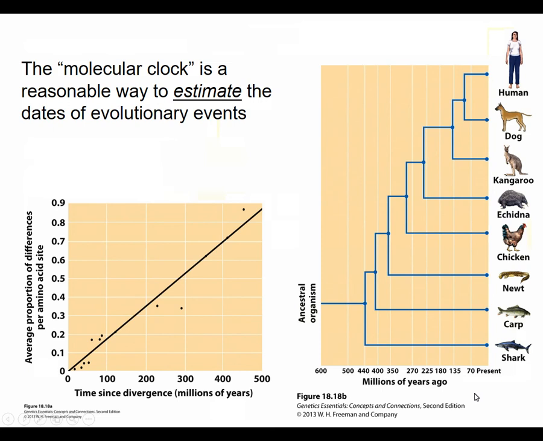But the molecular clock is based on the same idea that the more closely related two organisms are, the more recently they shared a common ancestor. The more distantly related two organisms are, the more distantly they shared a common ancestor, and therefore distantly related organisms will have more genetic differences between them than closely related organisms.